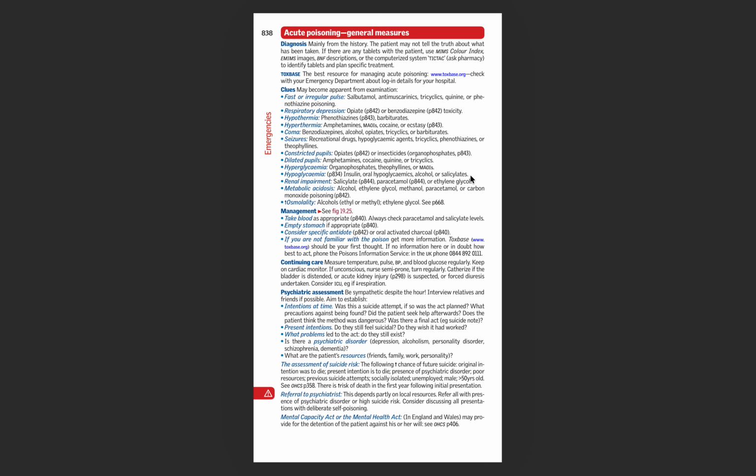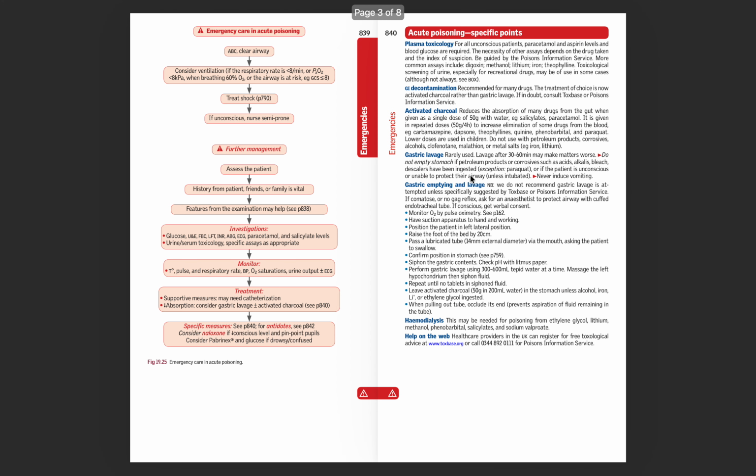If you understand the toxidromes, then you will be able to catch this easily. Okay. ABC: clear the airway, consider ventilation, treat shock, assess the patient, do investigations, monitor, treat, give antidotes or specific measures. You should also always measure the point of care glucose, I guess.